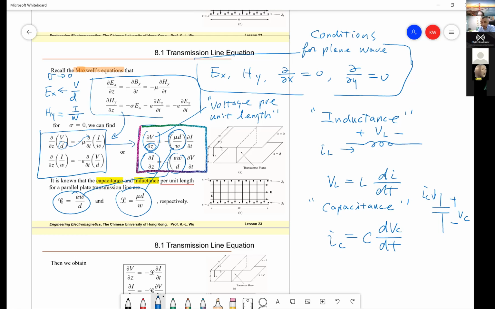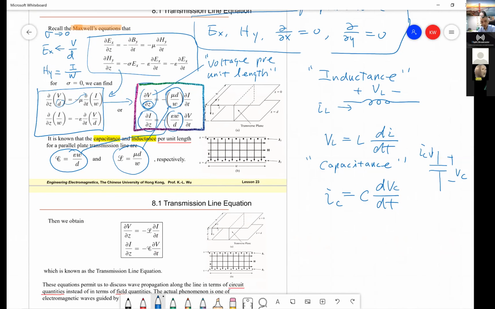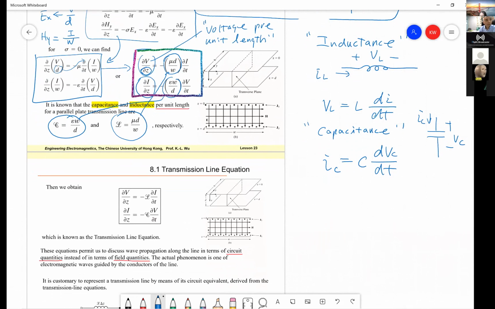Okay, don't worry about this negative sign. The negative sign is just the reference direction of voltage or current, okay? But quantitatively, this is what I said, okay? So in another word, we have very famous transmission line equations.